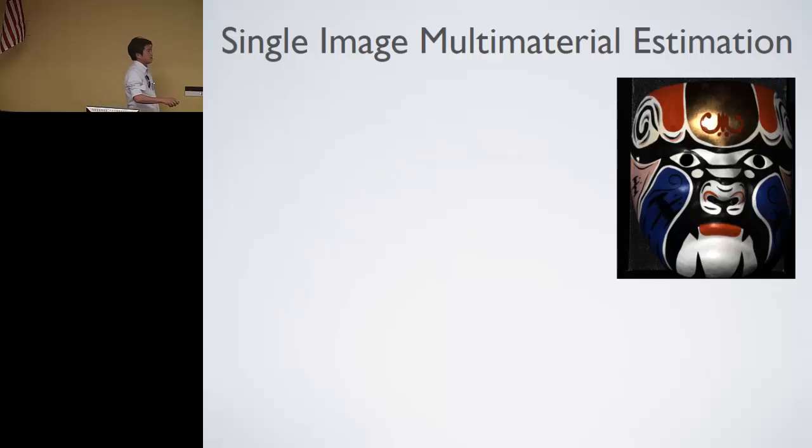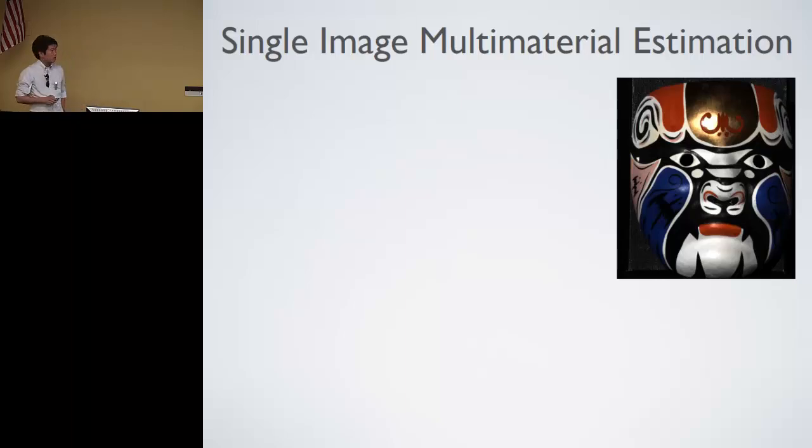For instance, this mask's forehead region is gold paint, except for this marking. But the algorithm needs to figure out that this entire region is the same gold paint despite the fact that they look very different, and at the same time recover the full BRDF of this gold paint just from this region, which doesn't have much curvature, right? Which means fewer angular samples of the BRDF.